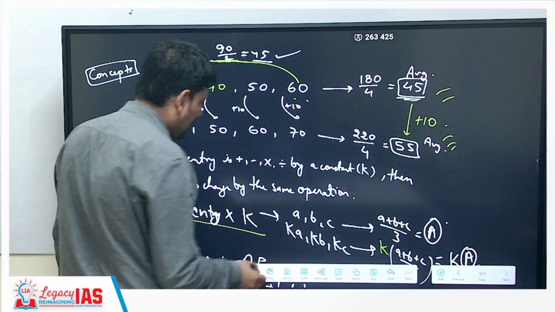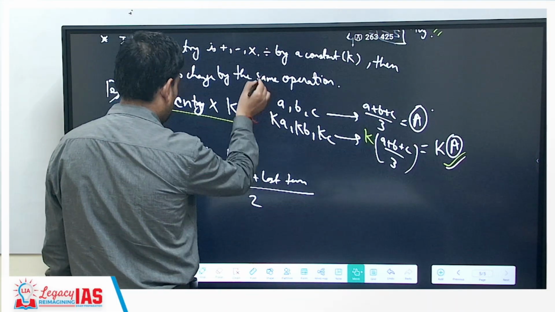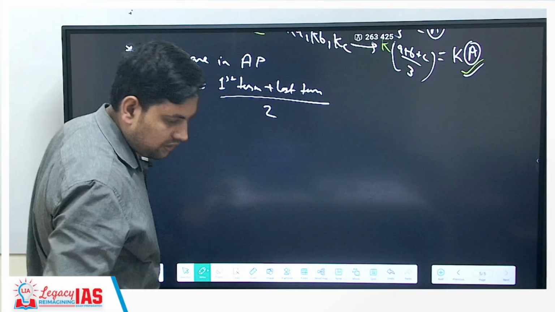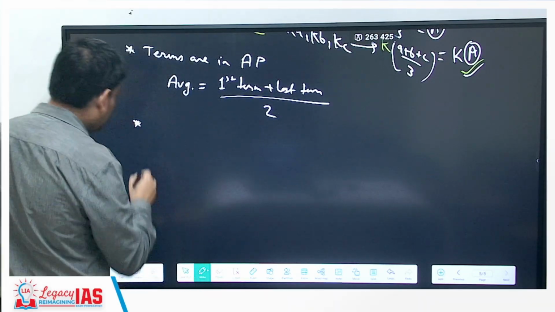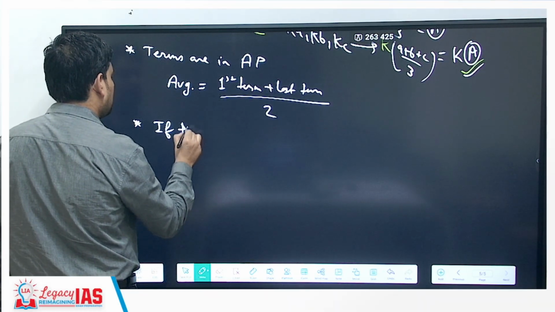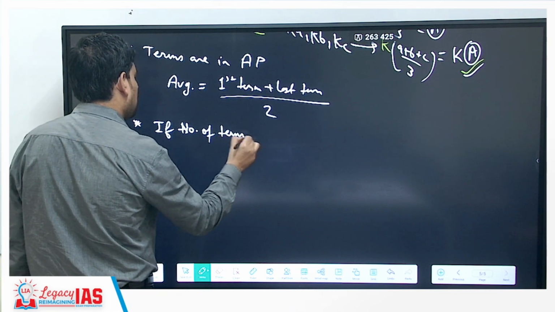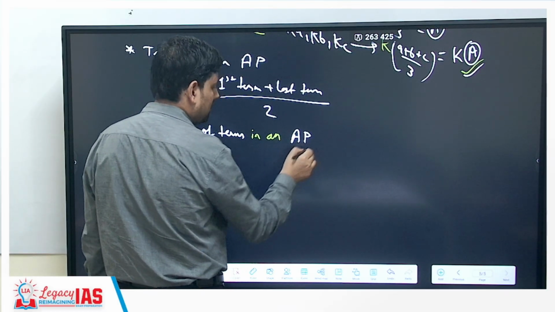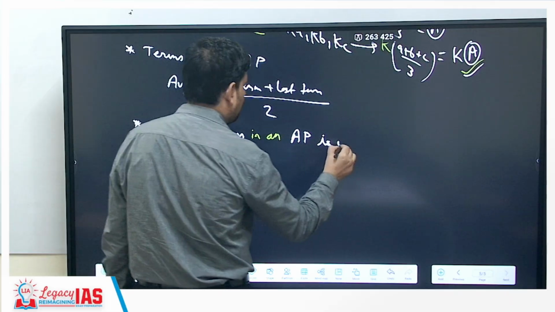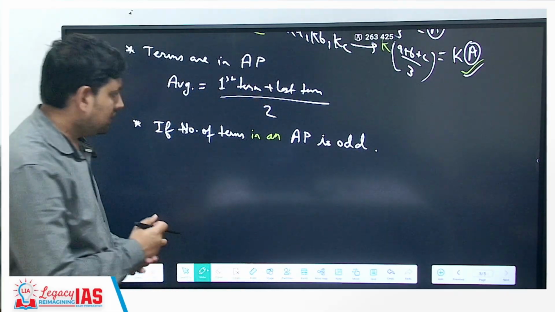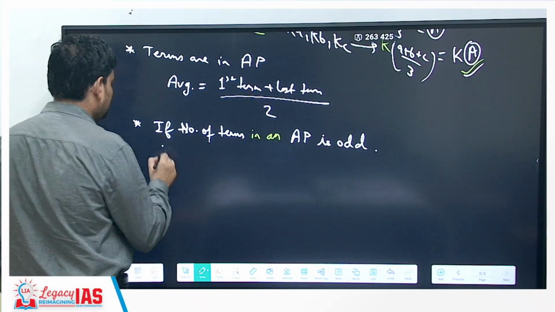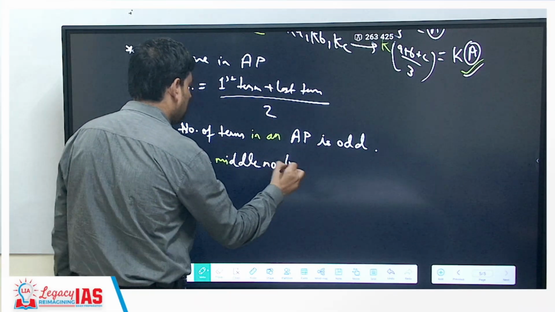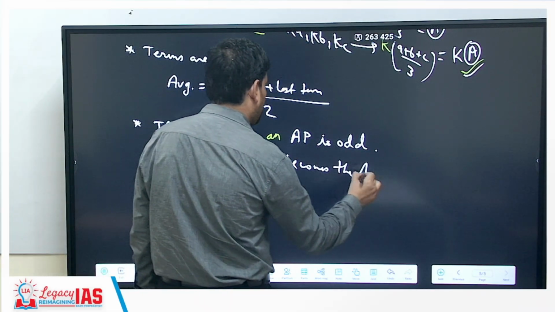Then now one more: if the number of terms in an arithmetic progression is odd, then the middle number becomes the average.